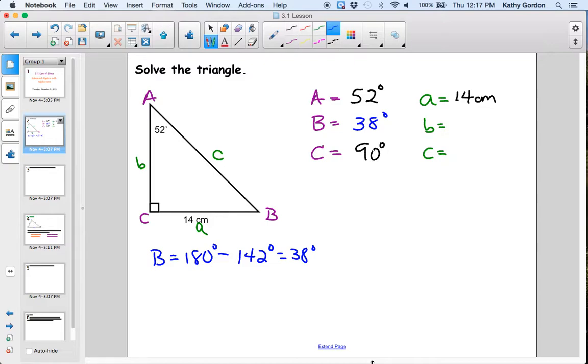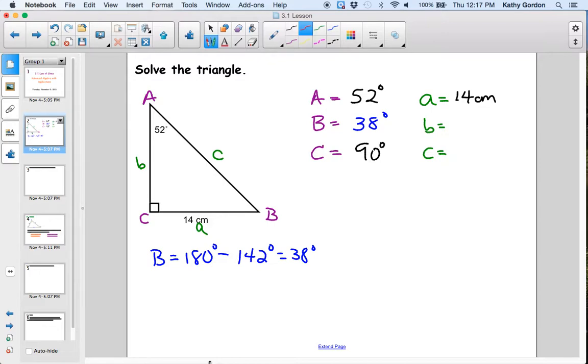Okay, so that was the easy one. Now what about those sides? Sine, cosine, tangent, so we figure it out. We are working with a right triangle, which from last chapter and from geometry, we should know allows me to set up the trig ratios, right?